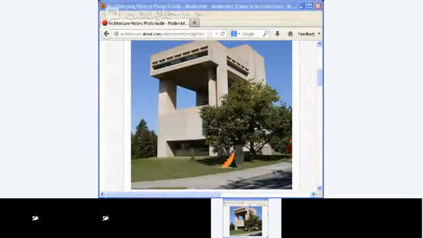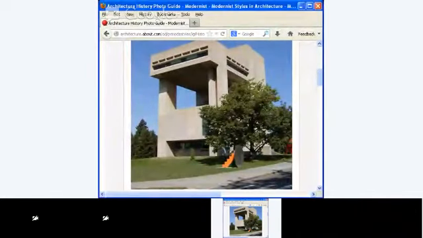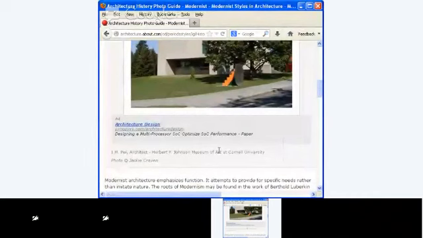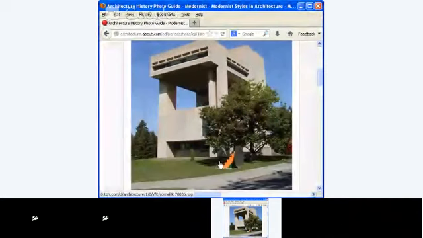I obviously, you know by my comment, I'm not a big fan. Where is this? I have no idea. Hang on. This is at Cornell. This is a Museum of Art at Cornell University in the United States. All right, so that's modernism.